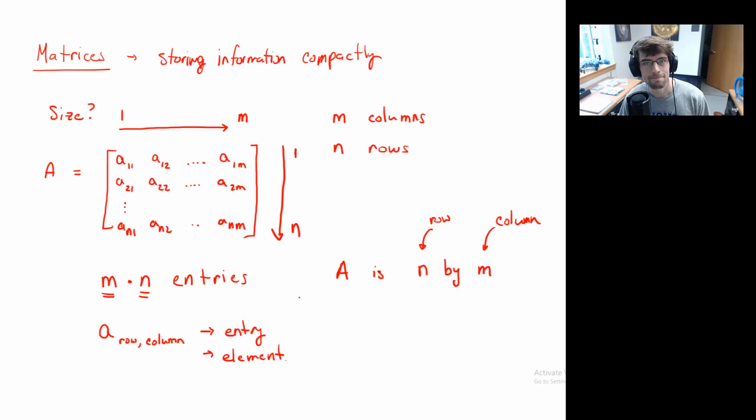Now, I say it's storing information, and we'll give you some ideas of what these are, but generally every element is a number. So that's the first thing: giving you an idea about how we specify the size of a matrix, and how to specify elements inside a matrix.